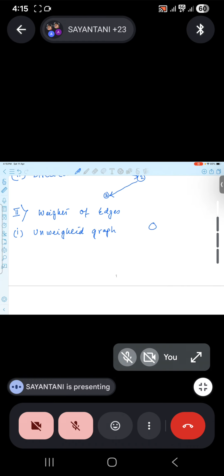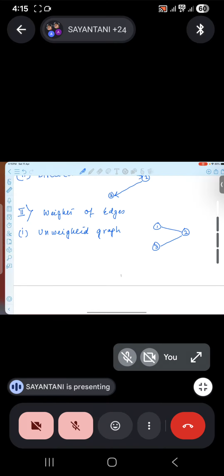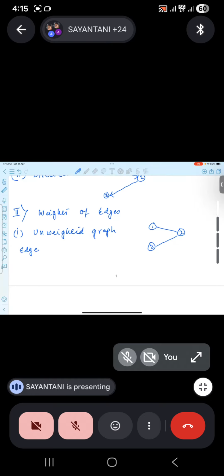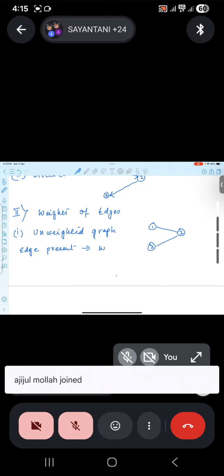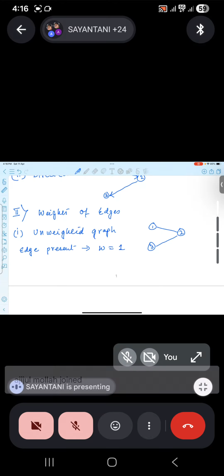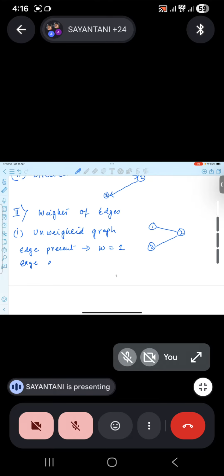That means the edges have binary weights. So if there is a connection, if an edge is present, the weight W is equal to 1. If the edge is absent, the weight W is equal to 0. Simply a binary graph.